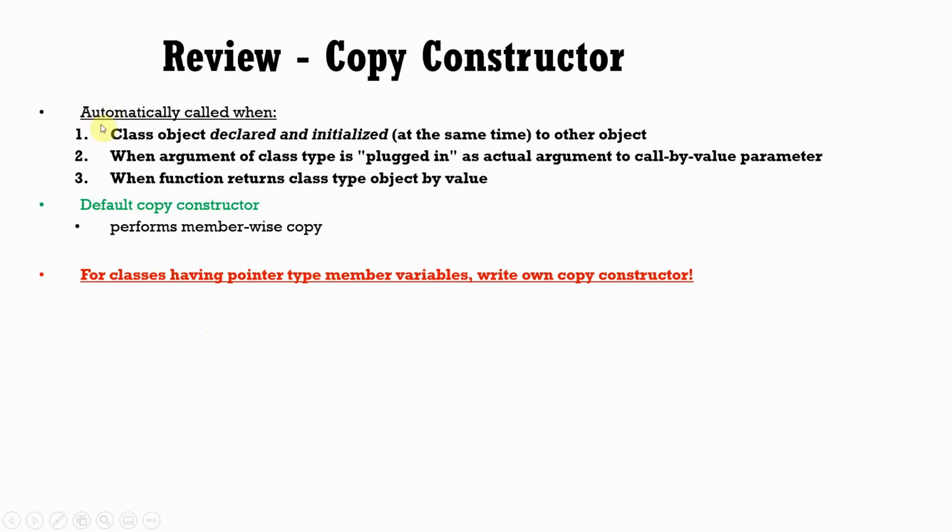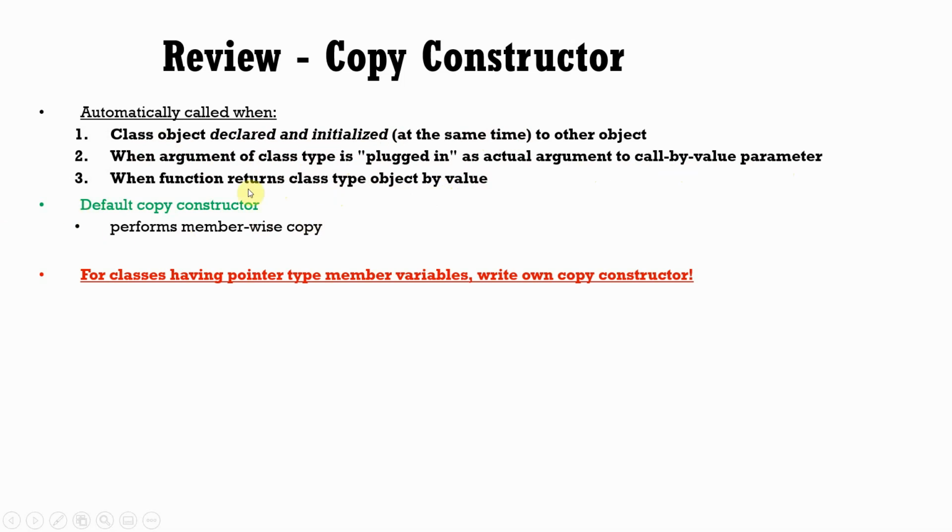I mentioned the three cases where the copy constructor is called: when a class object is declared and initialized at the same time, when an argument of class type is plugged in as the actual argument to a call-by-value parameter, and when a function returns a class type object by value.